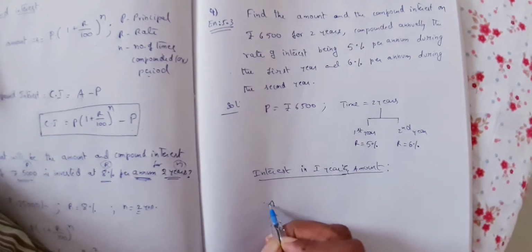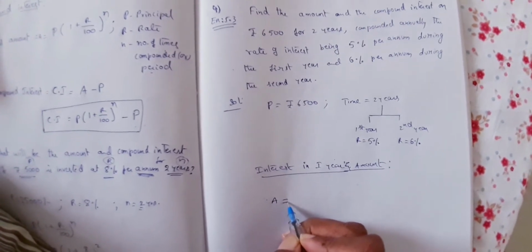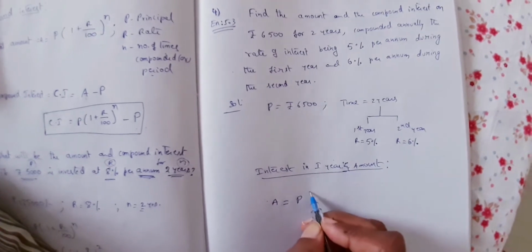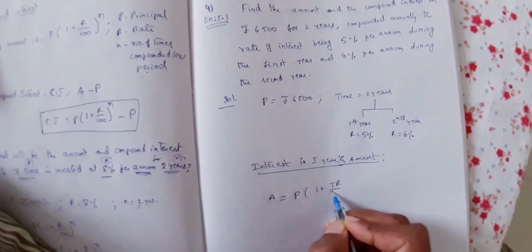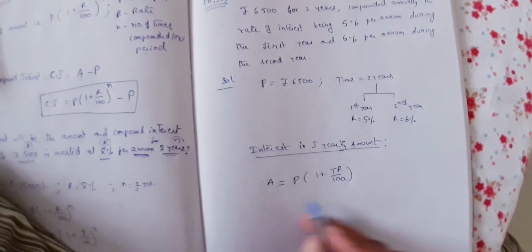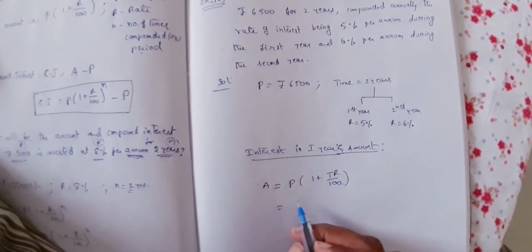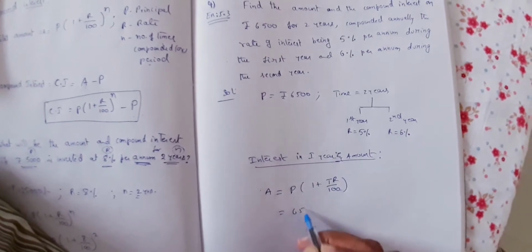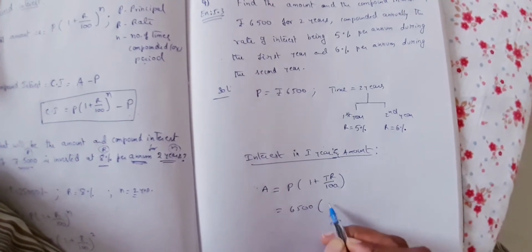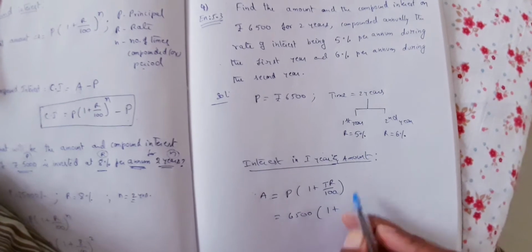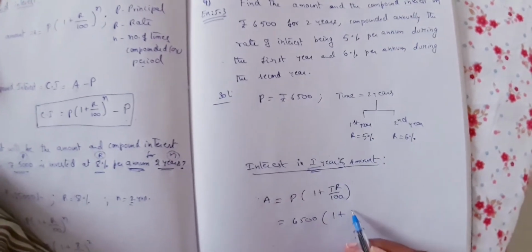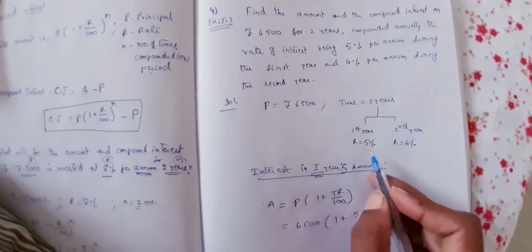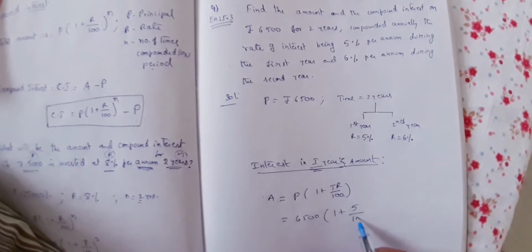So therefore, for the interest in 1 year and amount, I will directly substitute in the amount formula. What is the amount formula here? P into 1 plus TR by 100. This is the amount formula for 1 year. So principal being 6,500, 1 plus time being only 1 year, and R being 5% for the first year, 5 by 100.